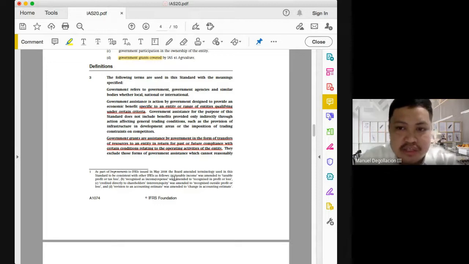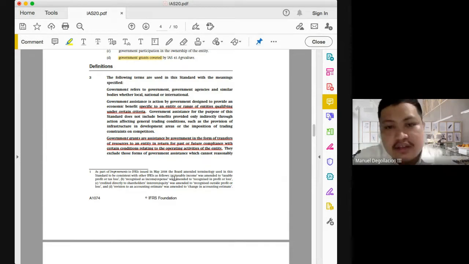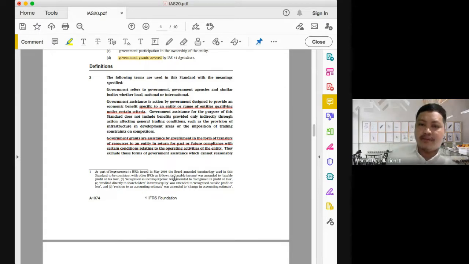And because it will result in a transfer of resources, definitely the assets and to some extent the liabilities of the entity, the beneficiary, would be affected, and hence it will require recognition on our part, and thus there is a need for the standard to prescribe an accounting treatment.